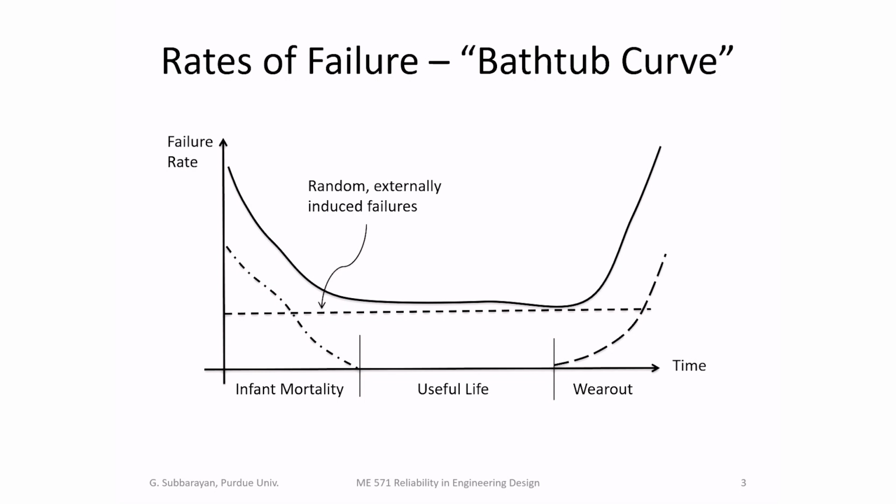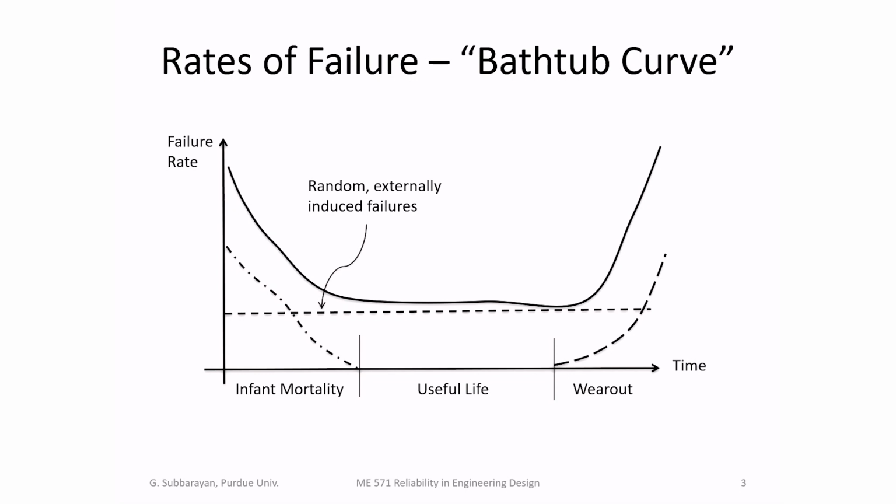What we would like to do is to model these three phases of any product: the early failure phase, the useful life phase, and the wear out failure phase. You'd like to find a mathematical form to describe these failure rates.